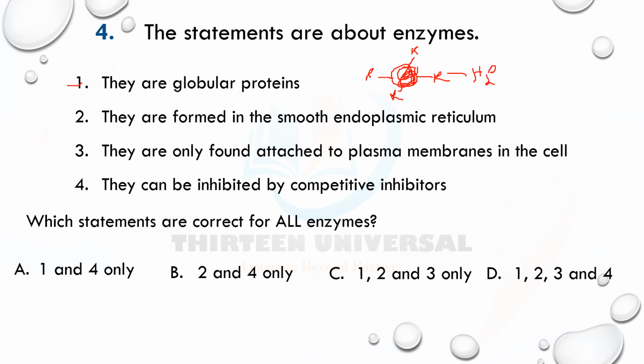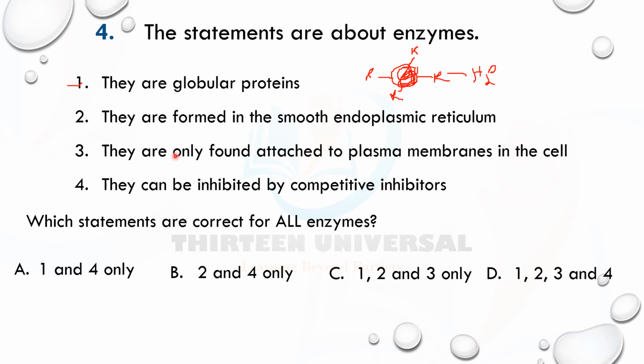All right, number 2, they are found in the smooth endoplasmic reticulum. No, smooth endoplasmic reticulum does not synthesize protein. Remember, enzymes are proteins. It synthesizes lipids and steroids and also transports lipids and steroids. So 2 is not correct. Number 3 says they are only found attached to plasma membranes in the cell.